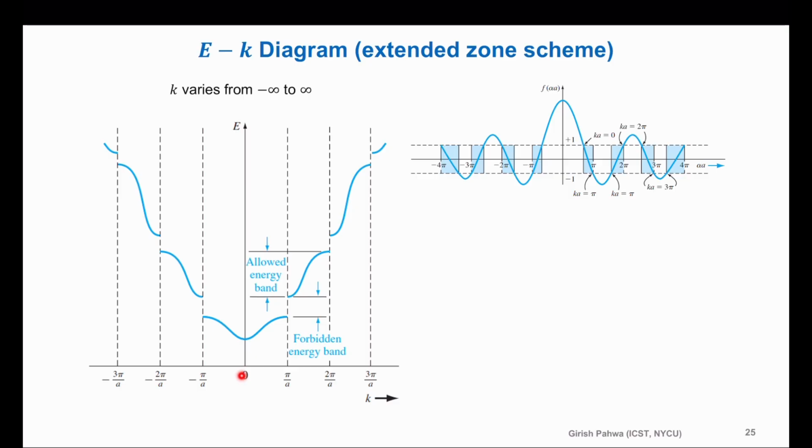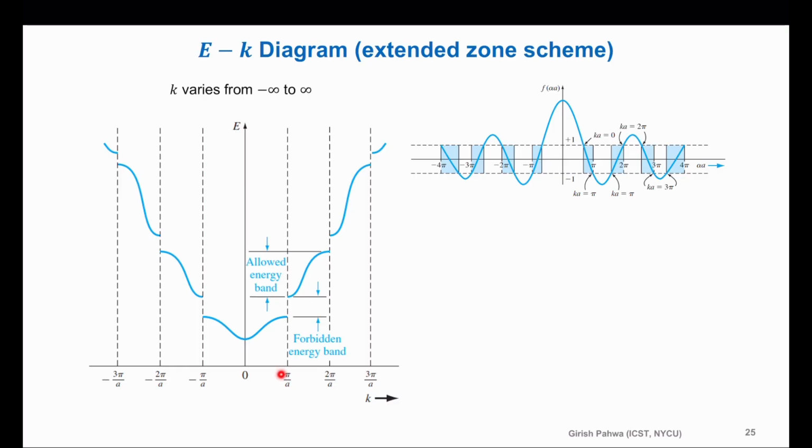When I go from pi by A to 2 pi by A in terms of K, alpha A is again increasing, so energy is increasing. Don't look at f of alpha, look at alpha A. Alpha A is the energy, f of alpha is a function of energy. So when you are going from left to right, of course your energy keeps increasing.